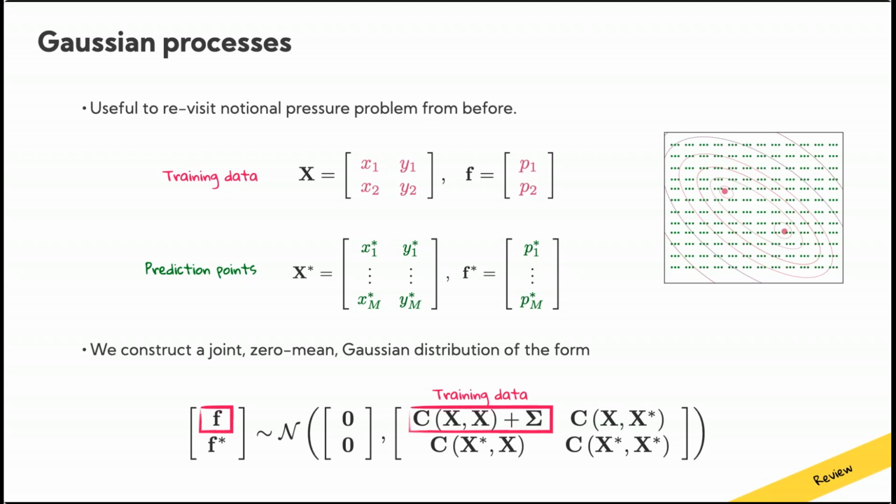So Cx comma x takes in the training data, as you see over there. And the sigma is effectively the noise, so the uncertainty or the variance associated with the pressure values, that's represented by this noise sigma. We have the prediction points that's characterized by Cx star comma x star. So that forms a block in this covariance matrix. And then we have the off diagonal, so the covariance between the training data and the prediction points.